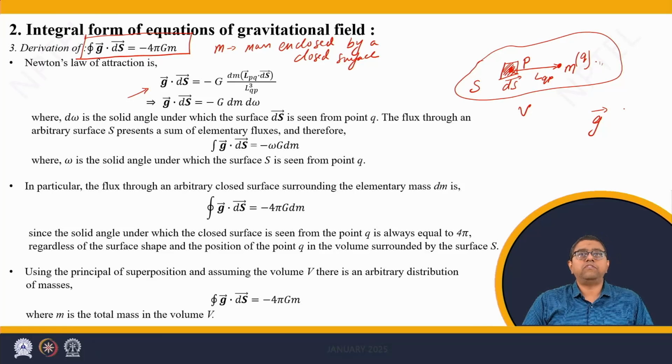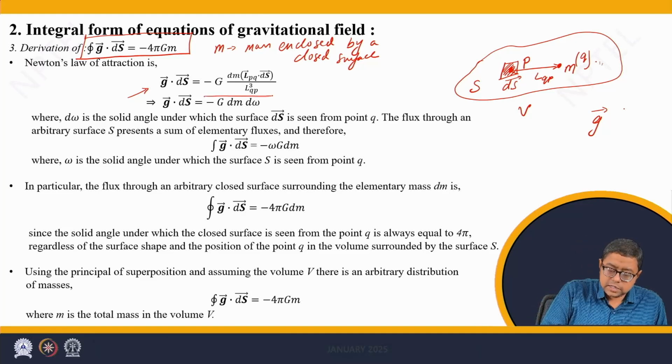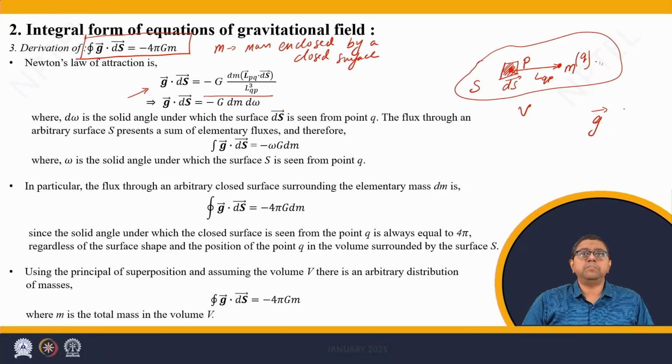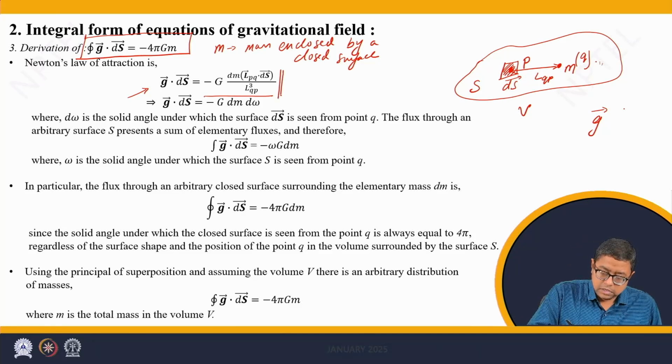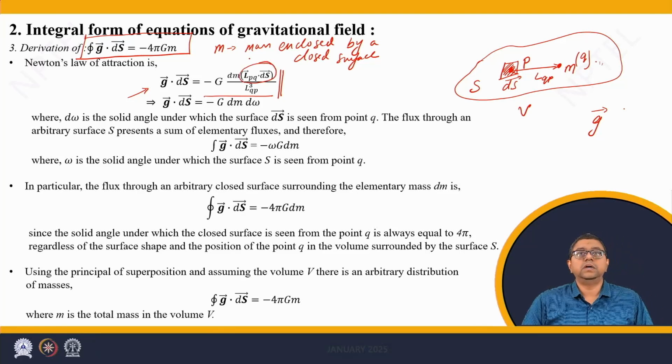From Newton's law of attraction, we get g dot ds equals minus G dm multiplied by LPQ dot ds divided by LQP cubed. This is equivalent to minus Gm by the distance squared multiplied by the area. ds vector is the area.